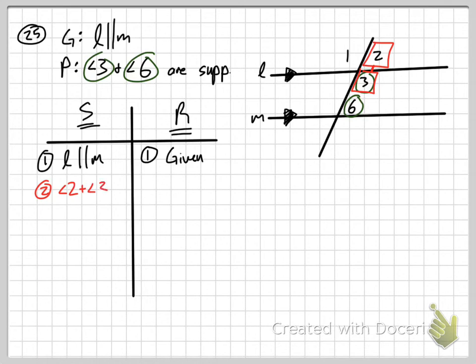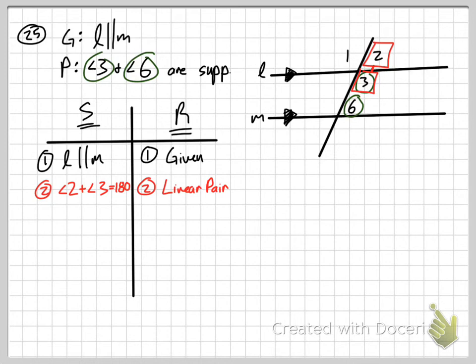Angle 2 plus angle 3 is equal to 180 degrees. Our reasoning is that they are a linear pair, two adjacent angles whose non-common sides form opposite rays, making them supplementary. Those are definitions coming back from chapter 1.